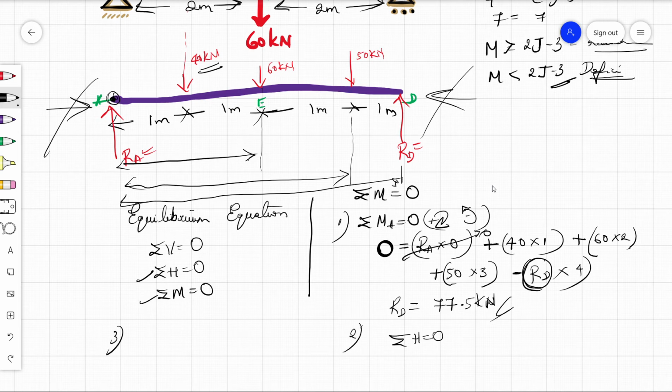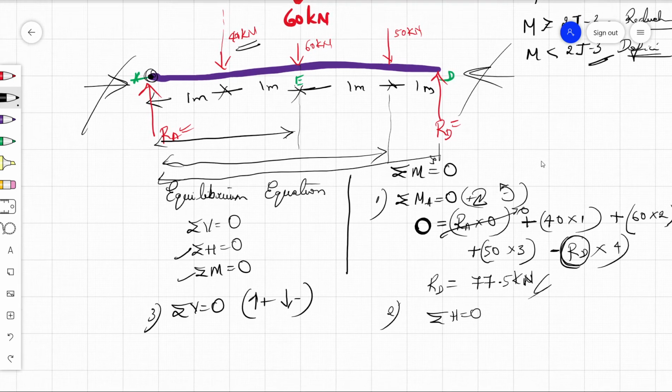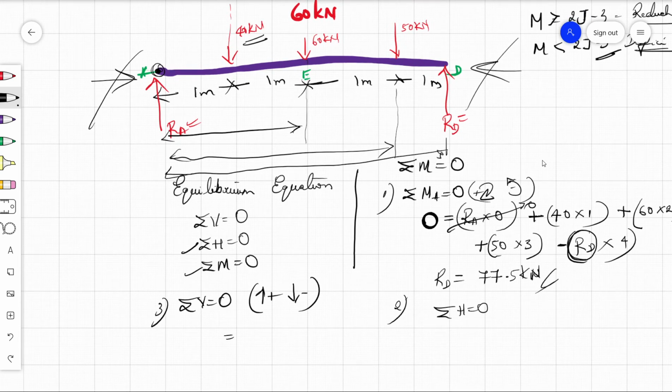The last formula is summation of vertical force is equal to 0. So summation of vertical force, what all the vertical forces are you seeing? Let me take all the upward as positive, downward as negative. RA is going upward, positive, RD is going upward, positive, and all the forces are going downward, that is 40, 60 and 50.